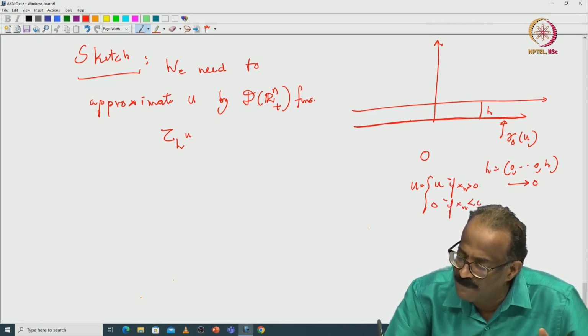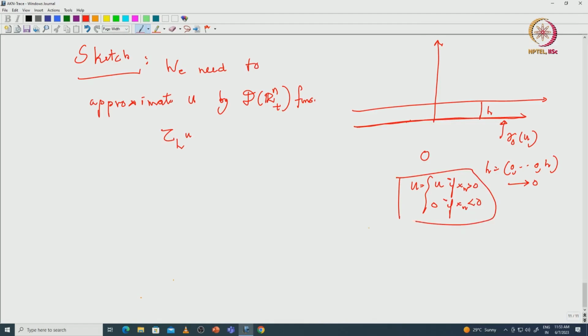The same philosophy I have used. With this extended function, you see u has support here, above this one. That is your support of u.